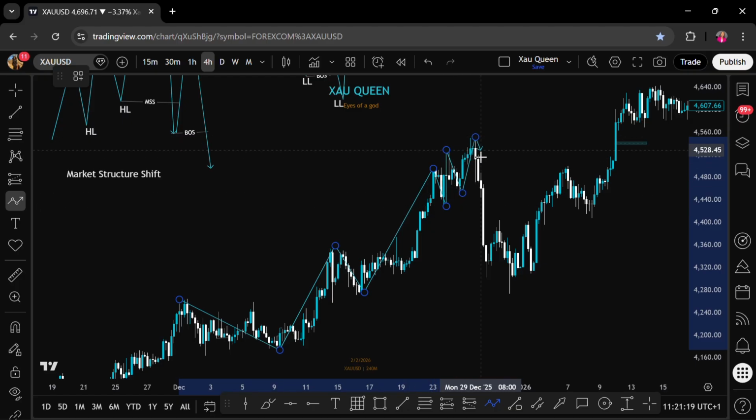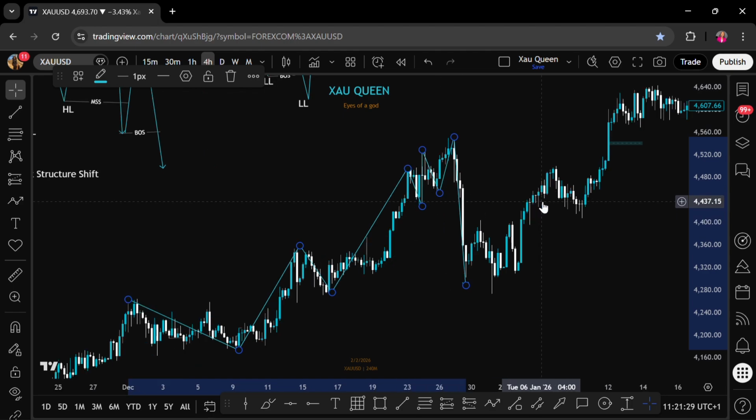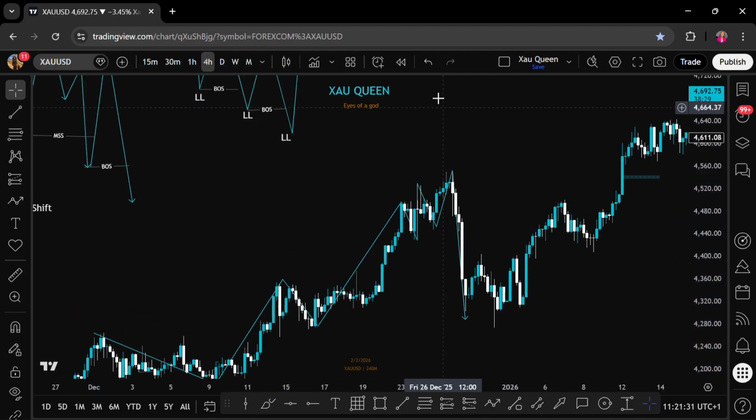Then all of a sudden, this price came down and took this out, taking our lows out. Remember that our lows are protected. Let me take this to the 15 minutes. I think it's clearer there.